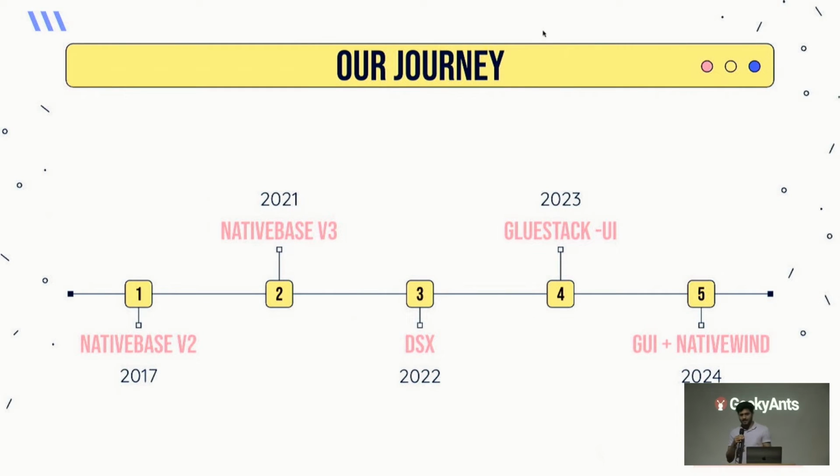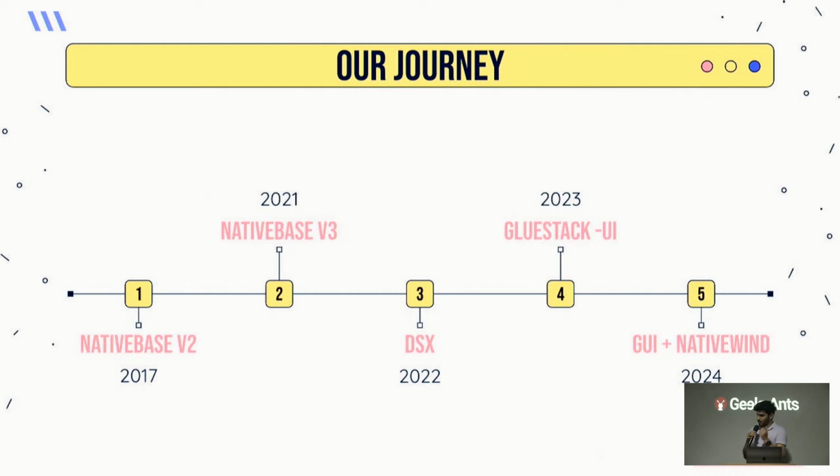Before that, let's see our journey as GeekyAnts in this ecosystem of generating component libraries. In 2017, we launched Nativewind V2, and after some time we implemented design systems in Nativewind as well, and then we launched Nativewind V3 in 2021.